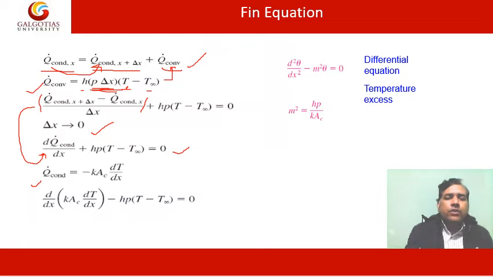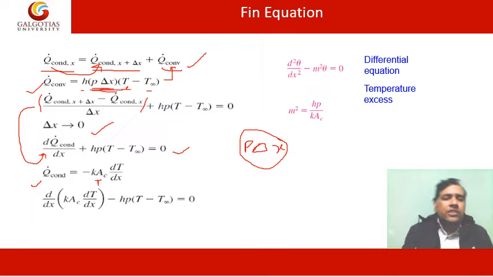Where Q conduction, as we all know from Fourier's law, is equal to minus k Ac dT over dx. This is the area of cross section, and P into delta x is different from the cross-sectional area. P delta x is the area through which convection is taking place, and Ac is the area through which conduction is taking place.